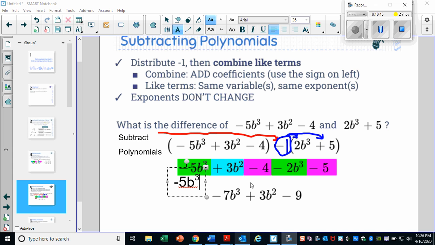And it's minus, sorry about that, minus 2b to the third. Okay, I apologize, we've got a delay here. There we go. Minus 2b to the third.